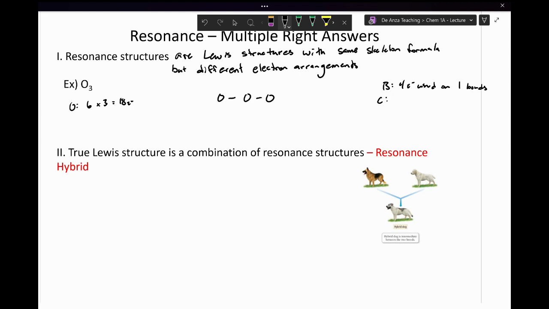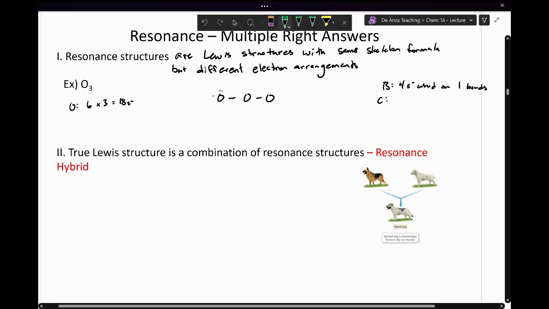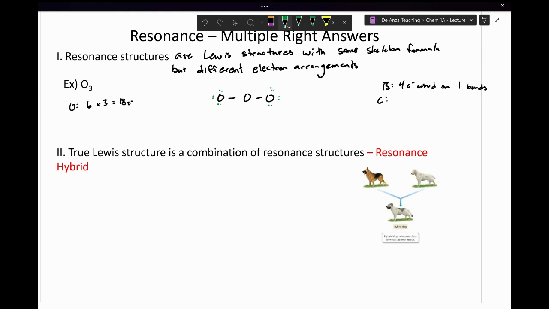And then we can put lone pairs around our exterior oxygens. So I'll do that in green. We'd have 1, 2, 3, 4, 5, 6, 7, 8, 9, 10, 11, 12. So we'd use 12 electrons on oxygen lone pairs.